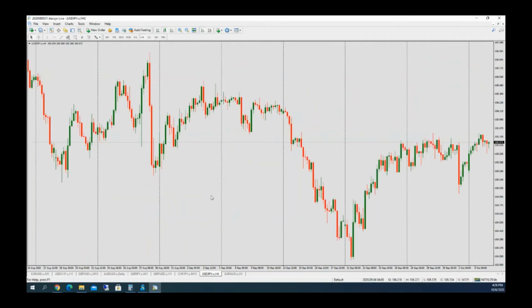Take the US dollar against the Japanese yen, and we can see the same situation here.